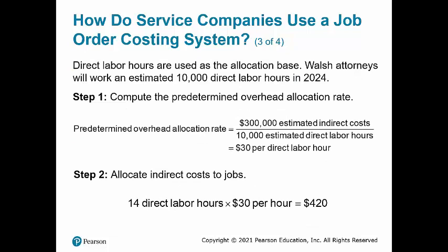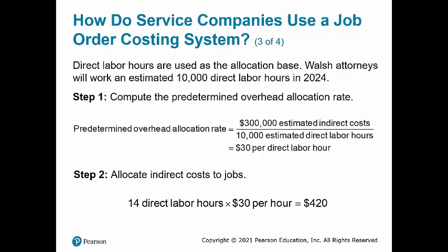So let's say that there are 5 attorneys in the firm. They could be expected to work or have 10,000 direct labor hours for 2024. So we would take the $300,000 of estimated indirect costs and divide that by the total estimated direct labor hours of 10,000, and that would give us a predetermined overhead allocation rate of $30 per direct labor hour.